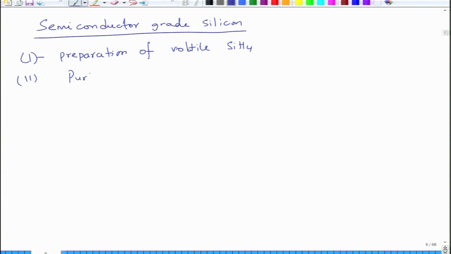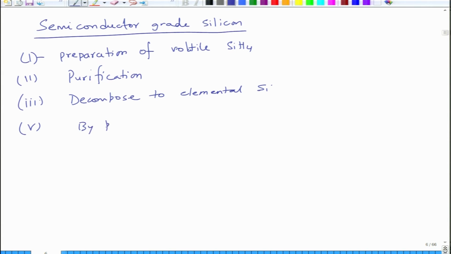Then we purify it, then we decompose this to elemental silicon, and then we go to byproducts.